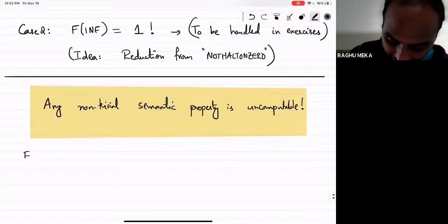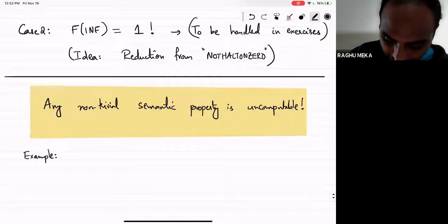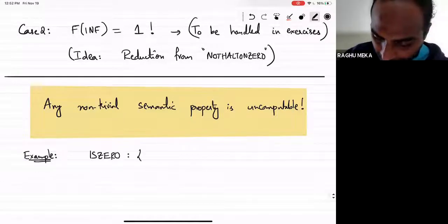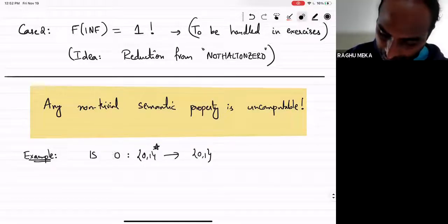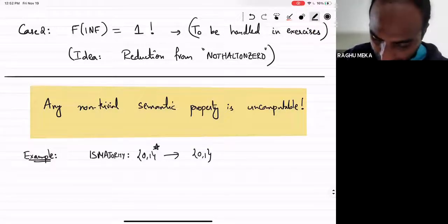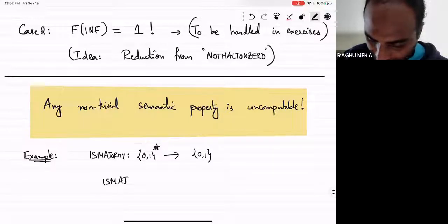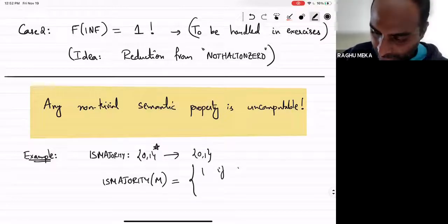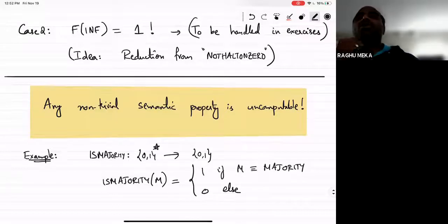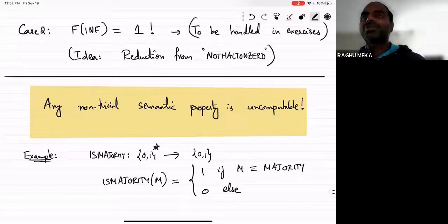So for example, there is no automated way to do software verification, right?